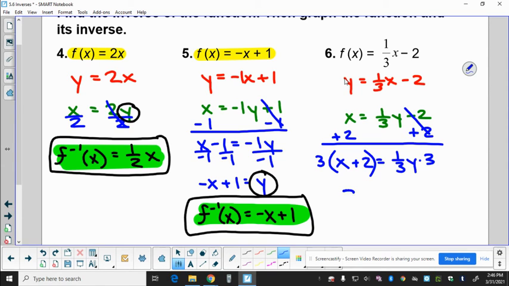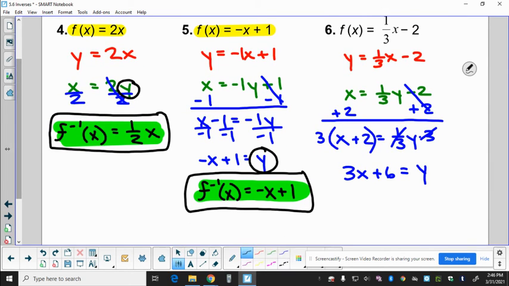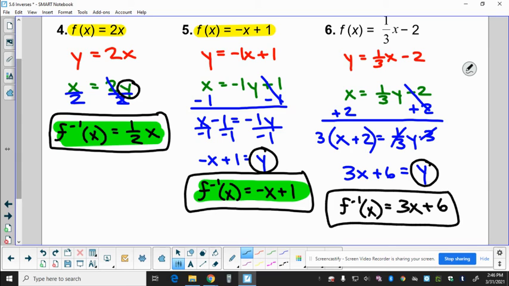So we'll do a distributive property on the left-hand side. And then finally, I'm going to place it into inverse notation. And once again, if you were to graph that, what you would see is that line is a mirror reflection of this one with respect to the line y equals x.